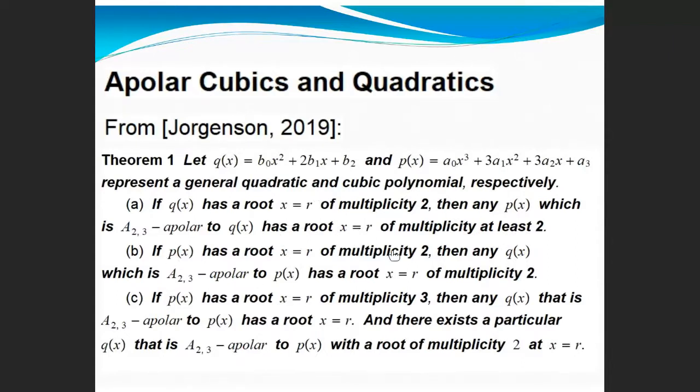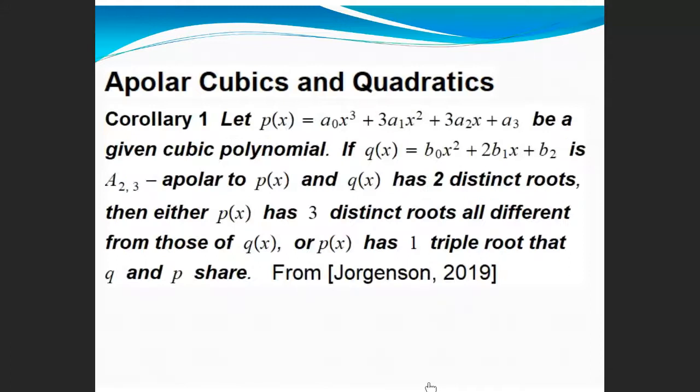Now, if P has a multiplicity 2 root at R, then any apolar quadratic Q of x will have a multiplicity 2 root at R also. Now, if P has a multiplicity 3 root at R, then an apolar quadratic Q will have a root at R, and then you can find one that's apolar that has multiplicity 2, is what that theorem says overall.